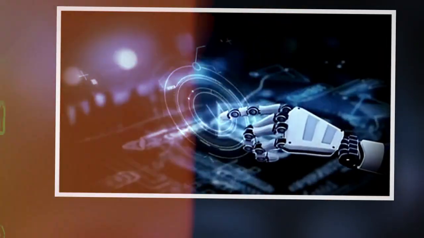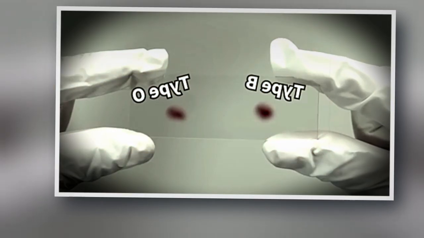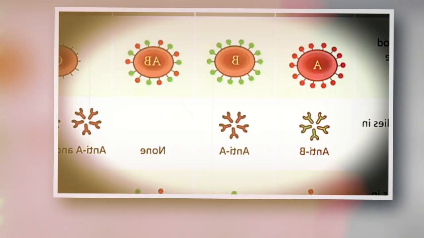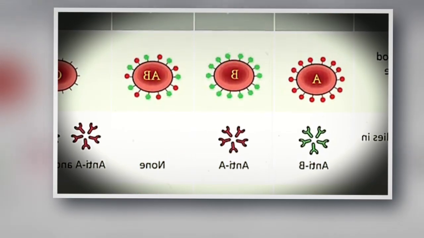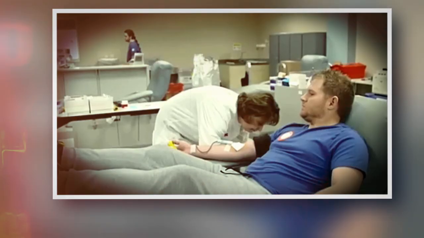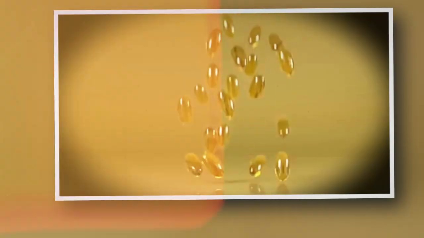But the story doesn't end there. The immune system's response is also influenced by blood type. People with O blood often demonstrate robust immune responses, which may explain their historical resilience against infections like malaria, as we talked about earlier. However, this strength comes with a trade-off. These same immune characteristics can make O individuals more vulnerable to severe reactions when they do become ill.